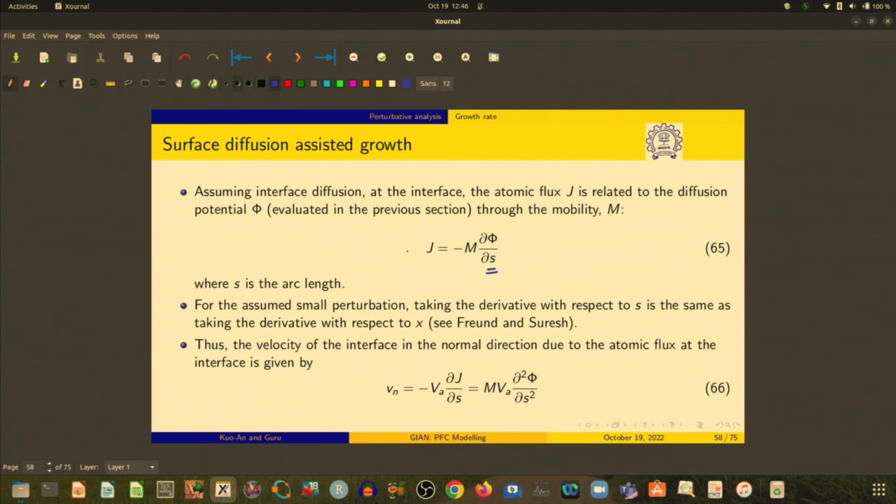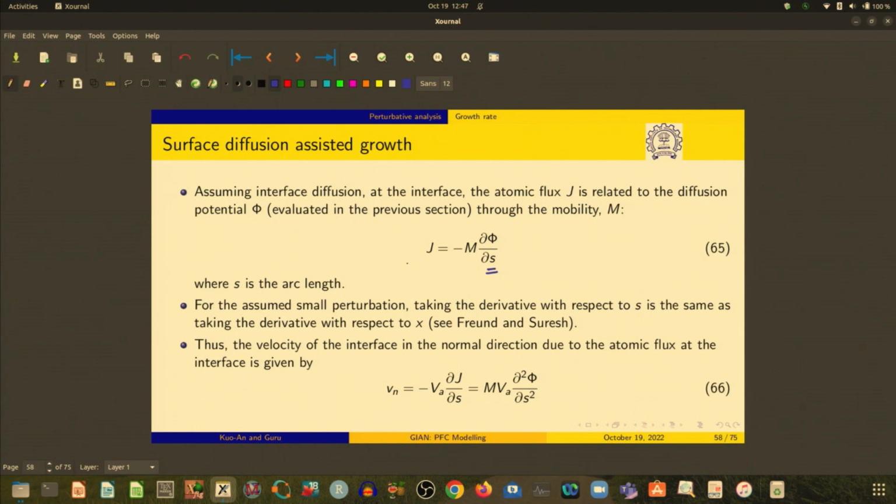This is a fixed law, right. And so, for small perturbation, Freund and Suresh also show that you are almost in x y only, the S is not changing much. So, you might as well take the derivatives with respect to x and y. This is true only if the delta is very small compared to the lambda.